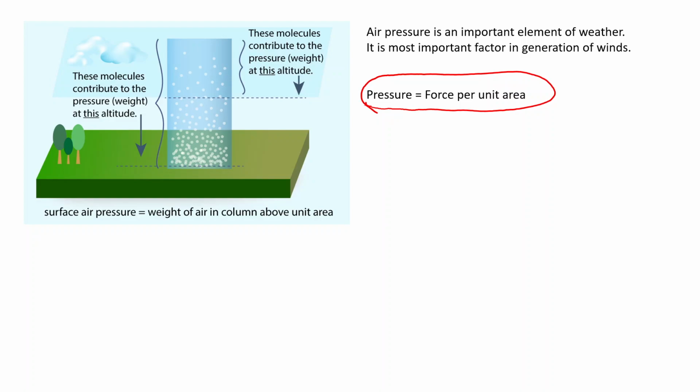So once we are dealing with, let us say, a column of air, then the mass of this air, if it is m, so the force applied by this air will be Fg, that is force due to gravity. So Fg will be m into the acceleration due to gravity, that is g.